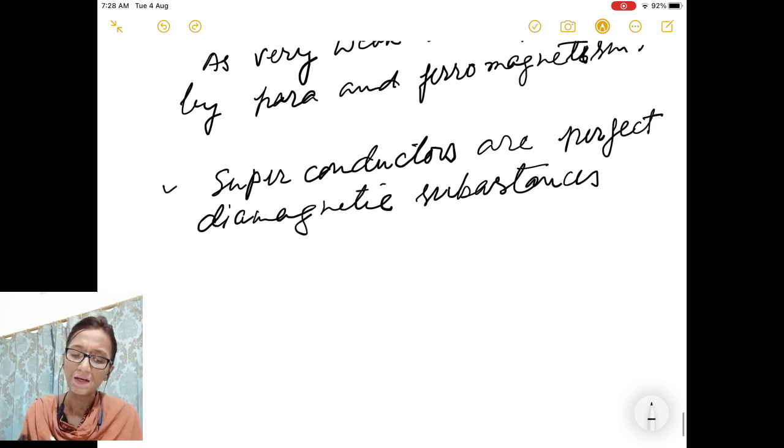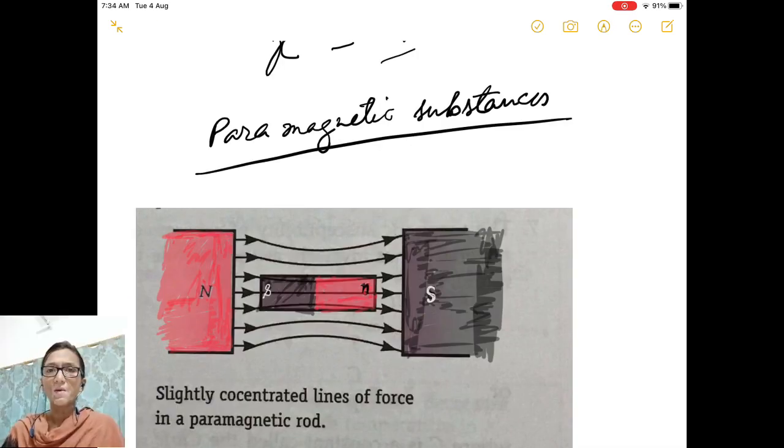So superconductors have susceptibility equal to -1. Now paramagnetic substances have positive and small susceptibility.